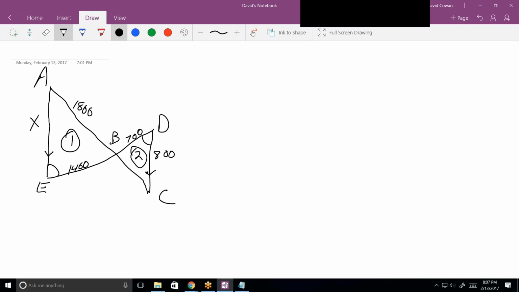Let me think. They both need to add up to 180. Well, they have to have the same three angles.